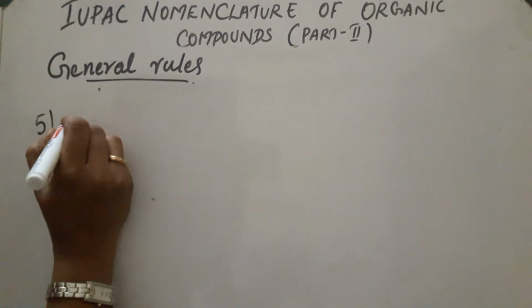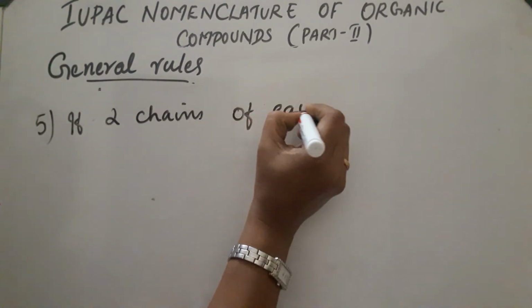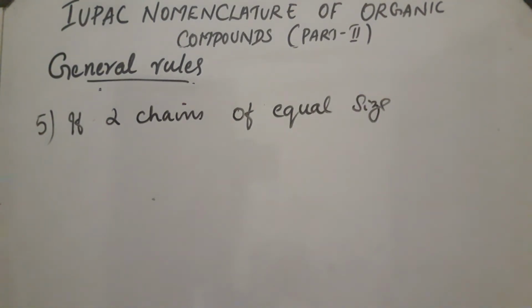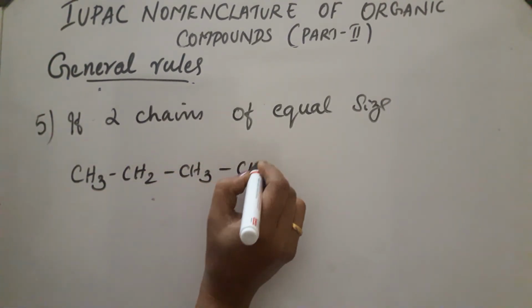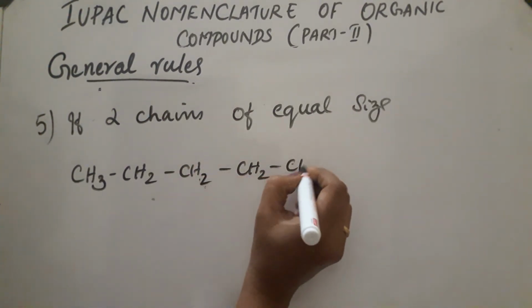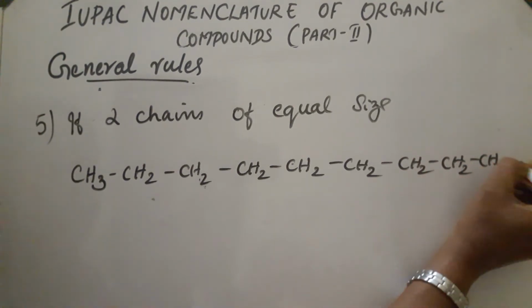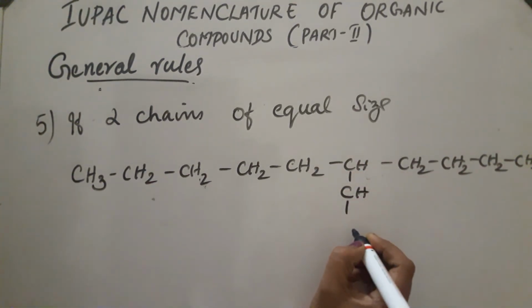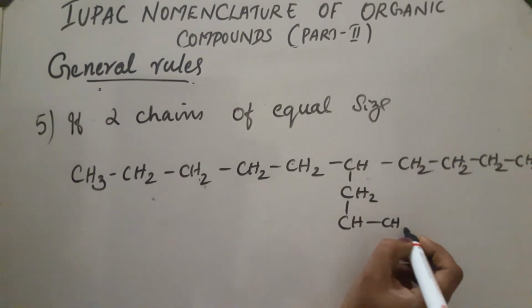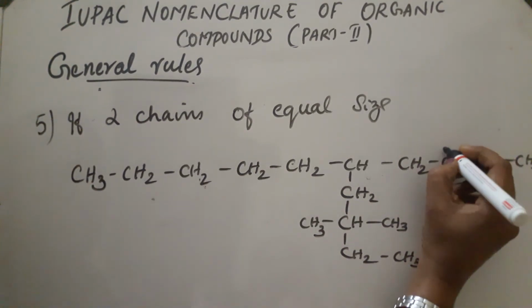Take one example. If two chains of equal size are there, but they contain different numbers of side chains, in such cases, here CH2, CH3.